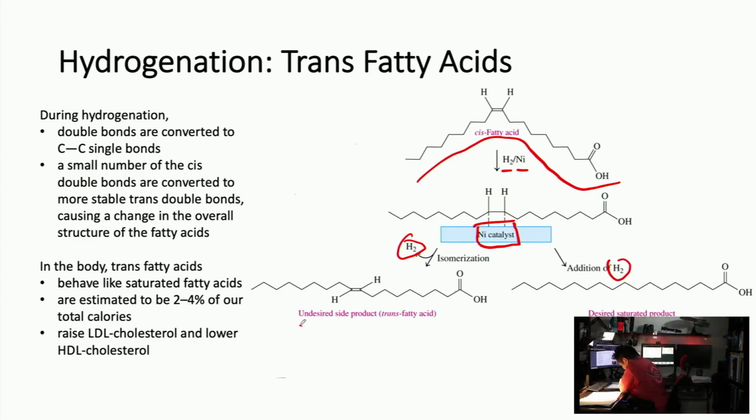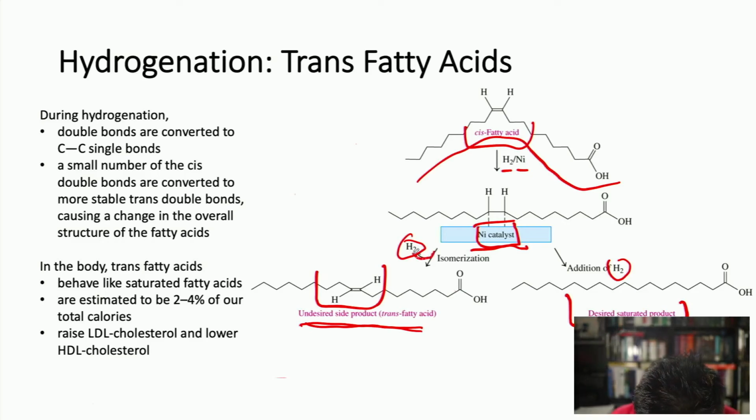You can either get the undesired trans fatty acid, because the nickel catalyst was unsuccessful, and instead of having your cis fatty acid like you had before, now you have a trans fatty acid. Or you can get your desired product, which is the saturated fatty acid. And notice here, you knew that the nickel catalyst was unsuccessful, and you got this undesired product because the hydrogen gas got knocked out here. It didn't go into making the single bond out of the double bond like in the desired product.